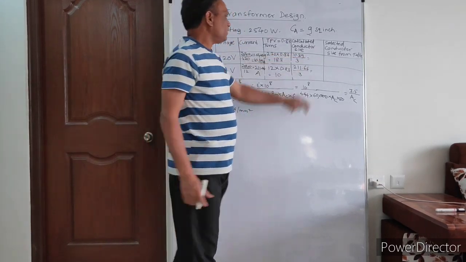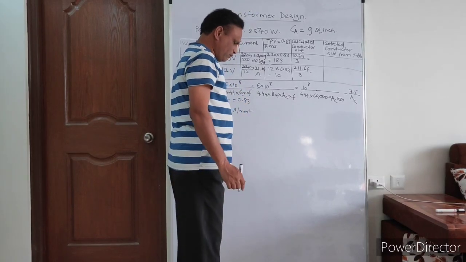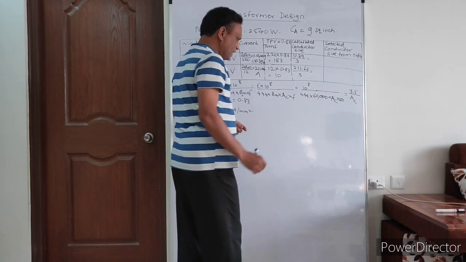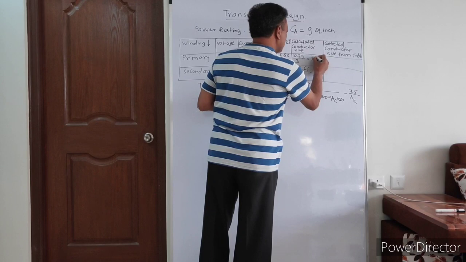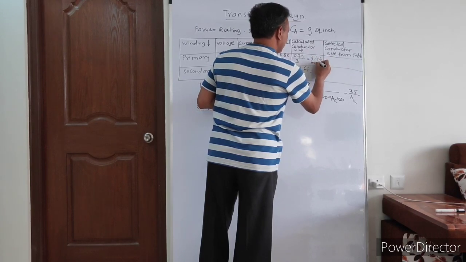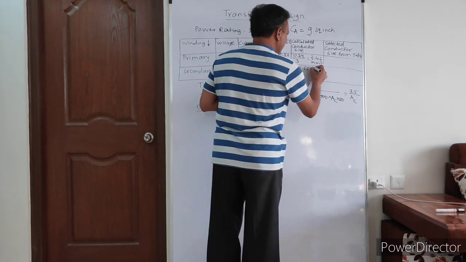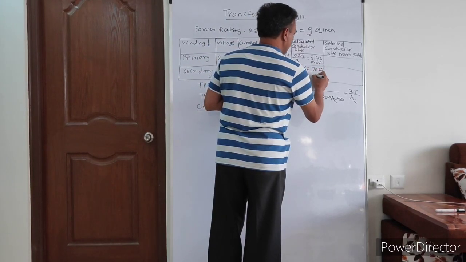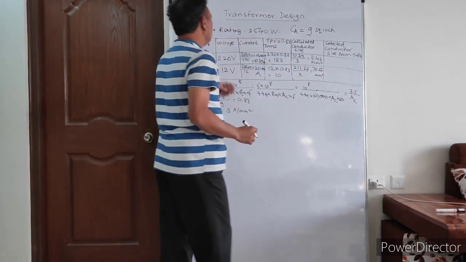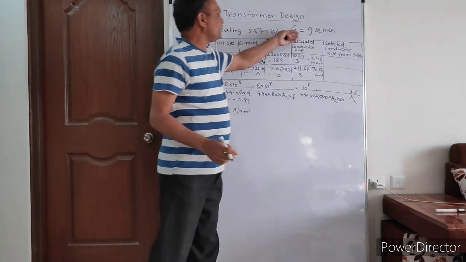So you will get the value in mm square. If you calculate this value, you will get 3.46 millimeter square, and if you calculate this value, you will get 70.56 mm square.